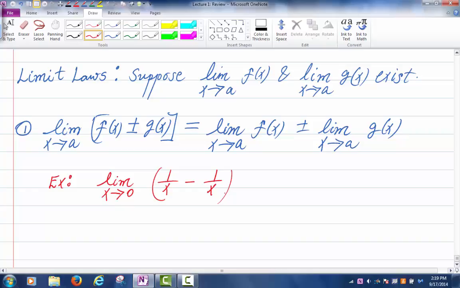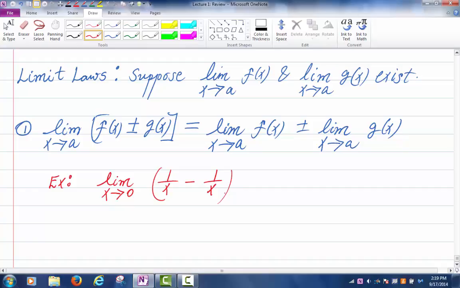What's going to happen is that the limit of each term, in fact, in this example, doesn't exist. If you look at the function 1 over x, as x gets closer and closer to 0, 1 over x does not approach a number. Am I making sense? And so each term in the sum doesn't have a limit.